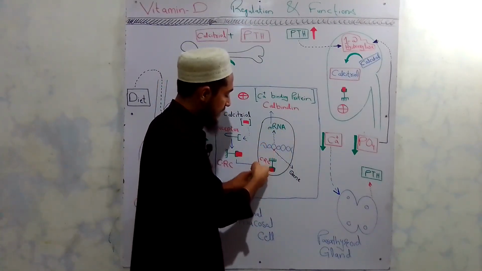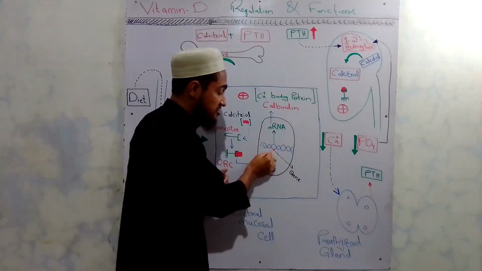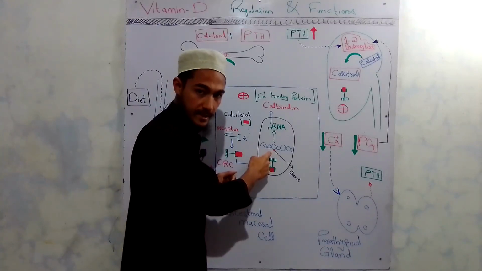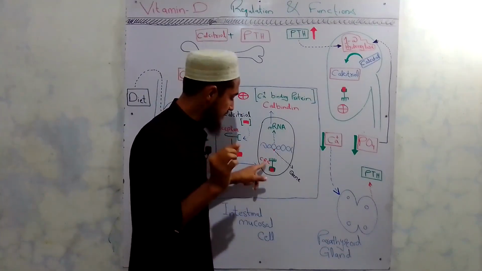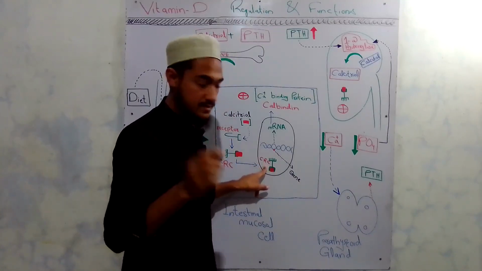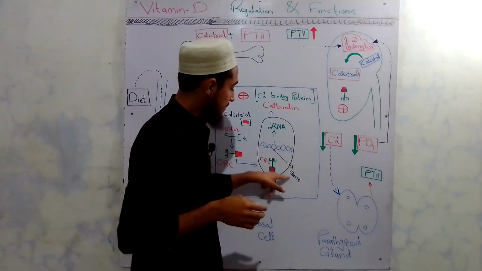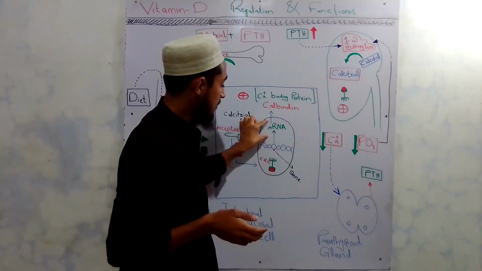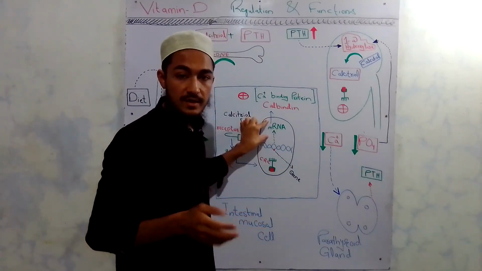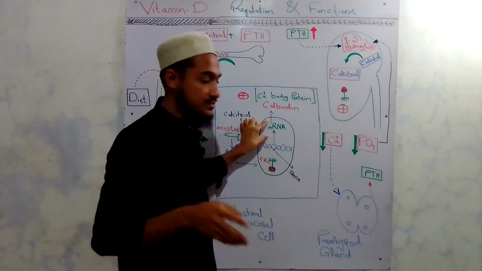In the nucleus, it will express or activate certain genes on our DNA. So this red mark is a specific gene which this complex will express. When this gene is expressed or activated, it will make messenger RNA, and finally this messenger RNA will be translated into a sequence of protein with the help of ribosomes.